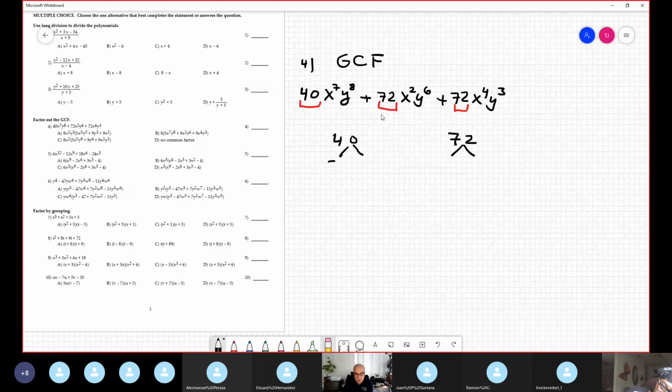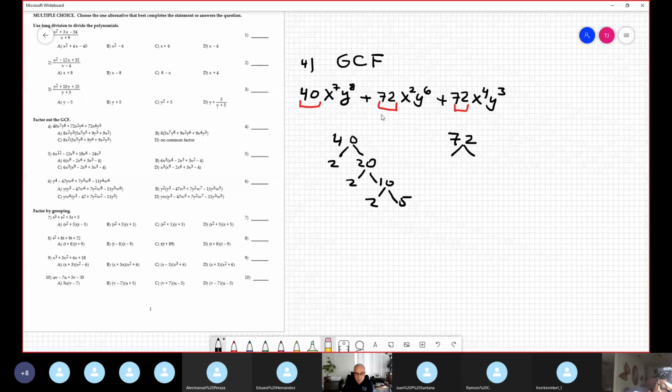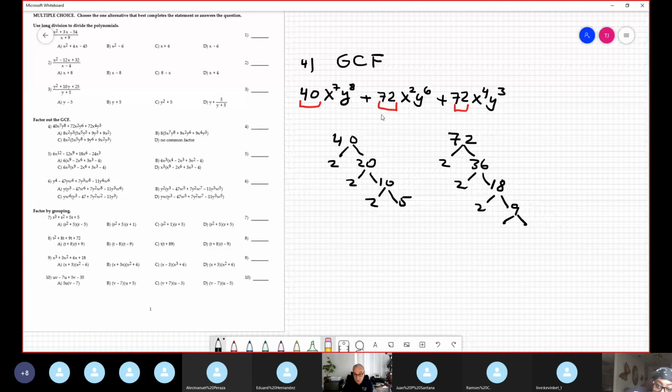Okay, entonces, 40 divided by 2 is 20. Divided by 2 is 10. Divided by 2 is 5. Done. 72 divided by 2 is 36. Divided by 2, 18. Divided by 2, 9. And 9 is not divisible by 2 anymore, so it is 3 times 3. Now I try to see what the common factor is.